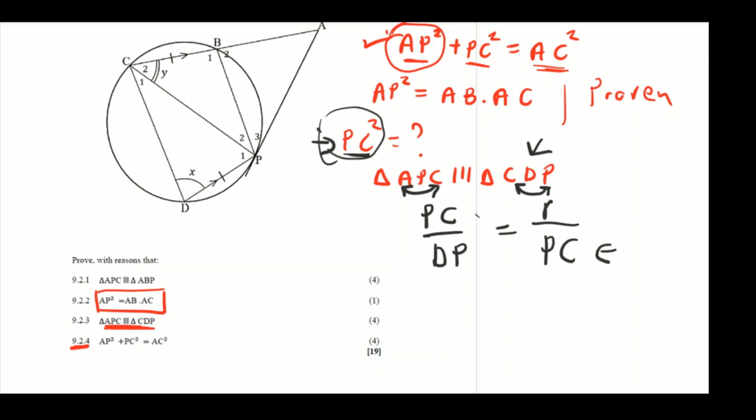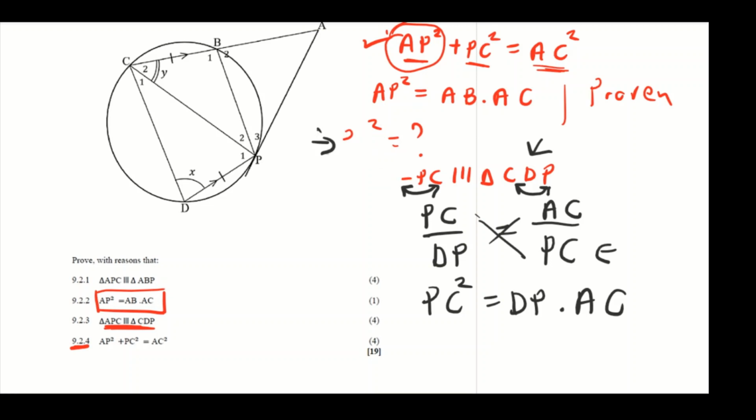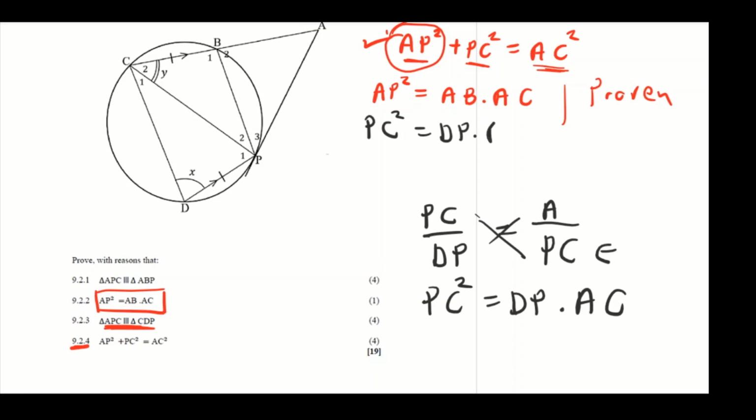So meaning here it's going to be AC, right? Simple. So then you cross multiply, which means your PC squared is equal to DP multiplied by AC, right? So now this would help you. So what you're going to do is just write it down here. Our PC squared is equal to DP multiplied by AC.